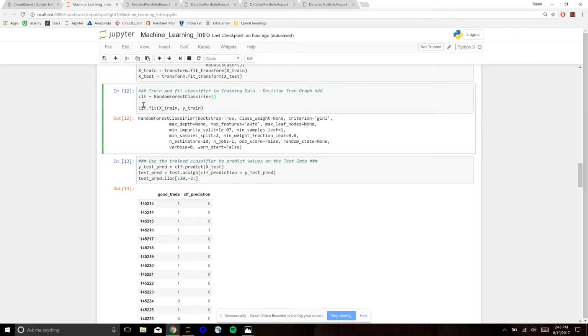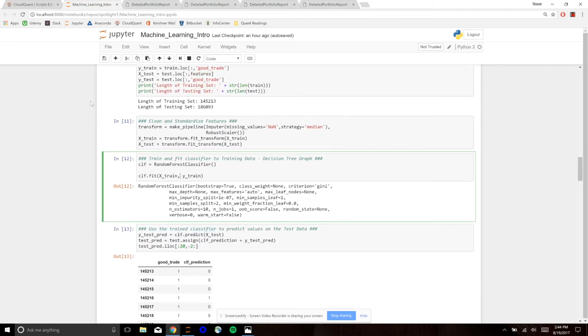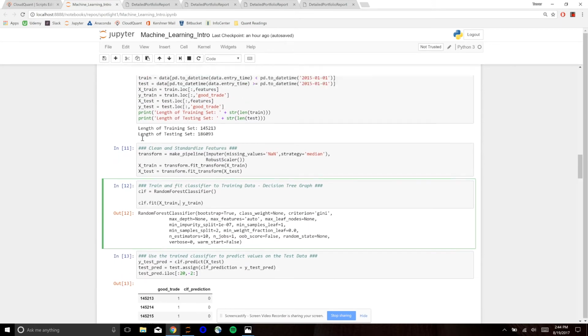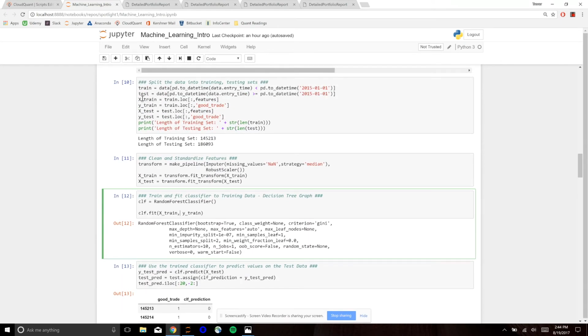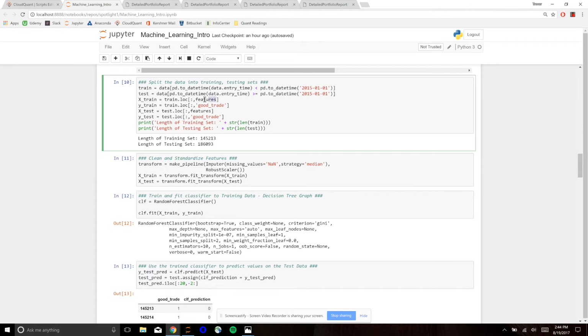So this is the entire training function right here. You just do clf.fit, which is basically just the random forest classifier, and you're fitting it to our X train and our Y train. Back up here, our X train is just any data that is before January 1st, 2015 that corresponds to our features or our variables.